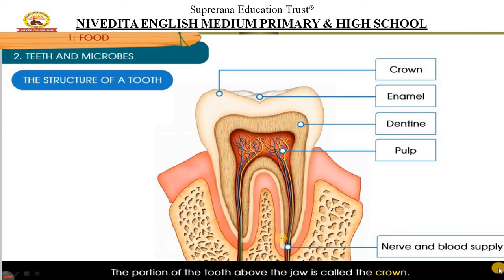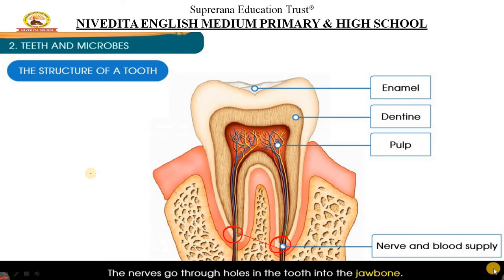The portion of the teeth above the jaw, this much area, all of this, starting from here, this whole area, children, we can call this the crown.